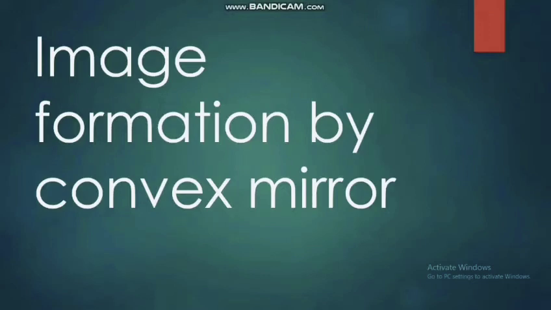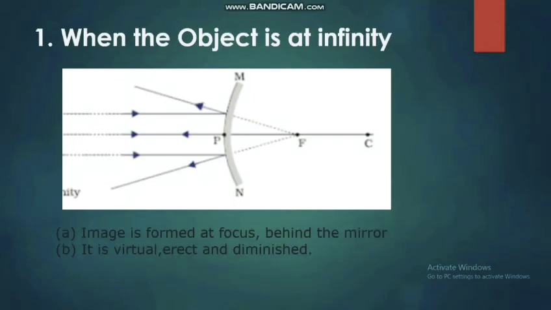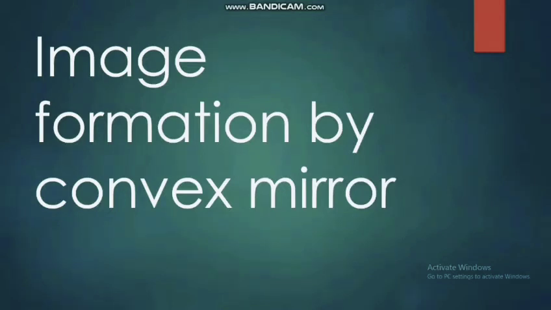Now the next topic is image formation by the convex mirror. The first case is when the object is at infinity. When the object is at infinity, we consider the object as pointwise. So the light rays coming from infinity become parallel to the principal axis. After being incident on the polished surface of the convex mirror, since it is bulged out, it is supposed to be converging, but since it is opaque the light will bounce back, and when it bounces back you can see they are diverging, and you know that diverging rays cannot form any image.